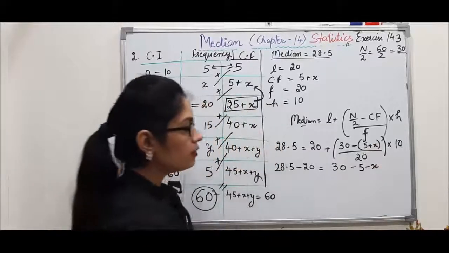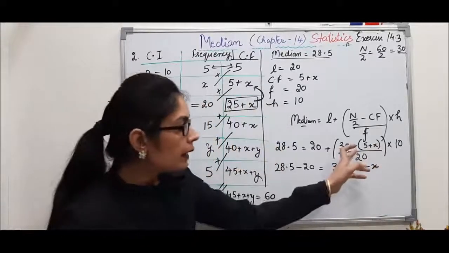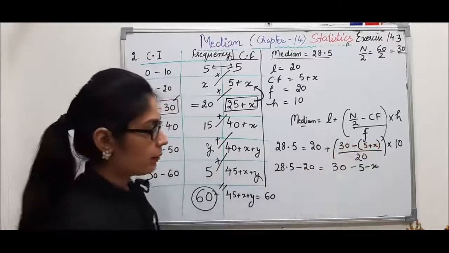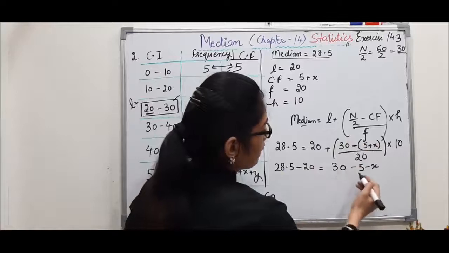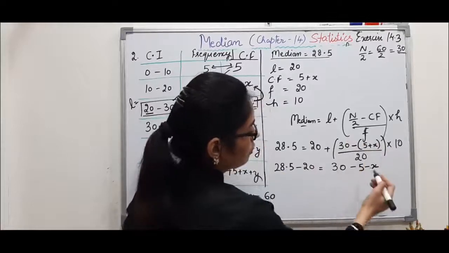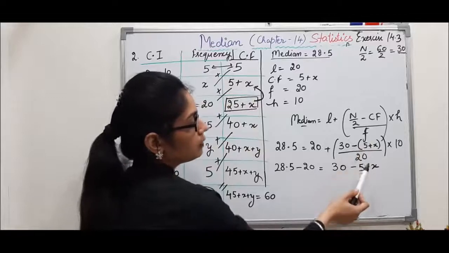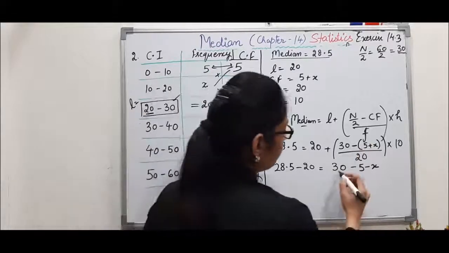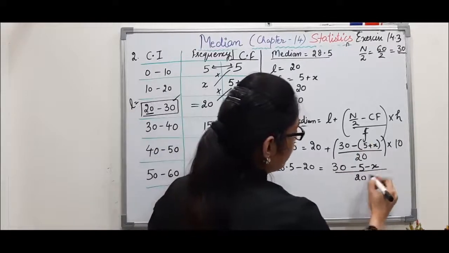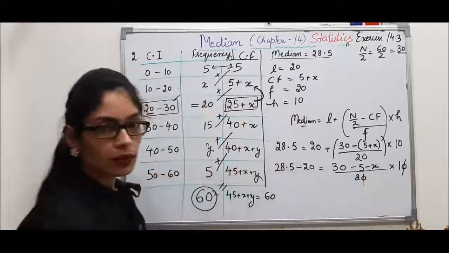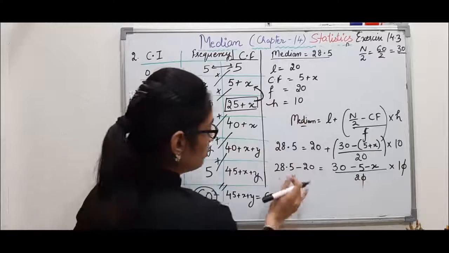You can always remember, whenever a minus sign is outside the bracket, the signs inside get changed. So you can write 30 minus 5, this plus changed to minus x, over 20 into 10. This 0 and this 0, we can cancel.